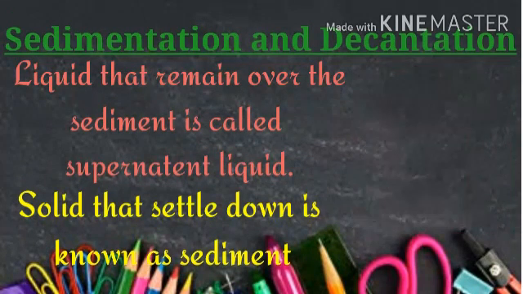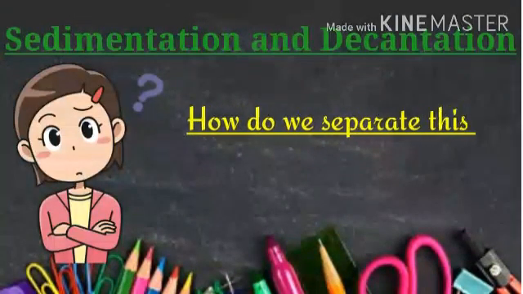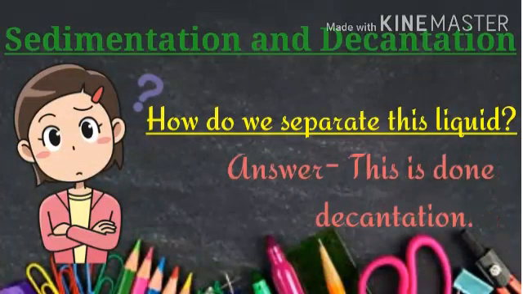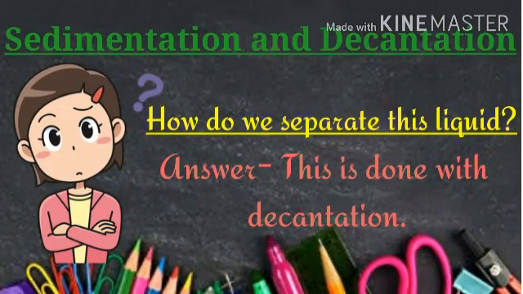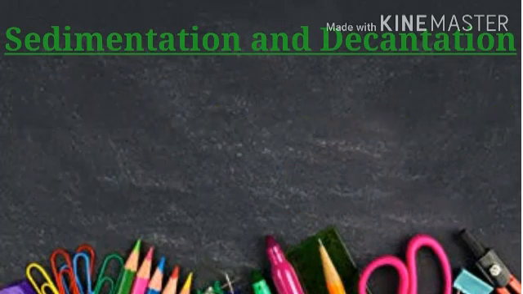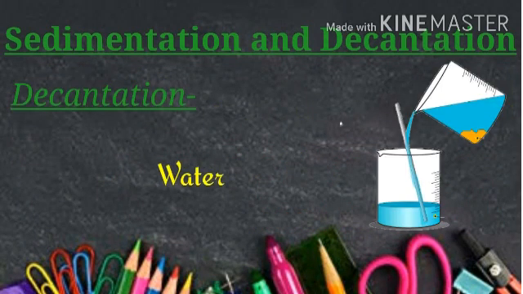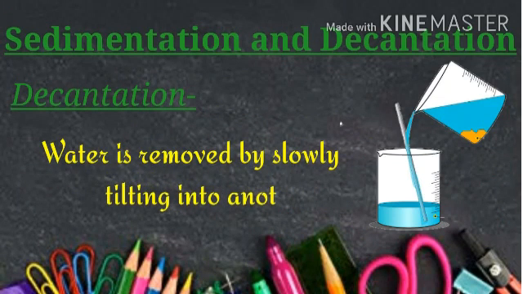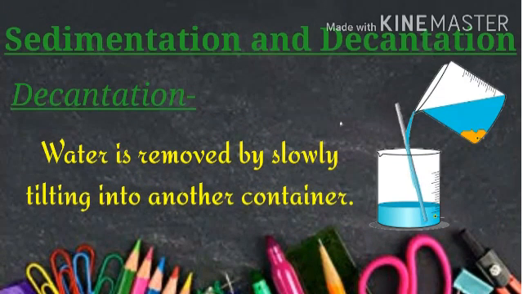Now the question is, how do we separate this supernatant liquid? This is done with our next process, that is decantation. In decantation, we remove that water by slowly tilting the jar. So in this way, we can collect that water in any separate container.